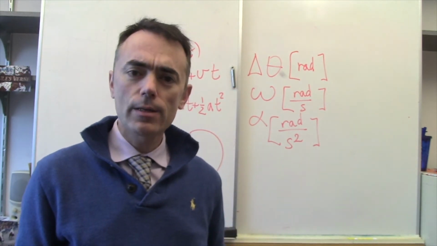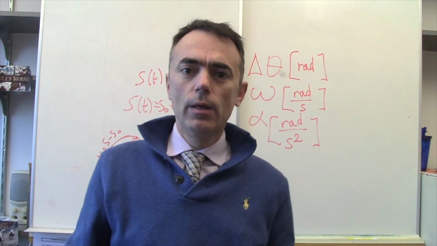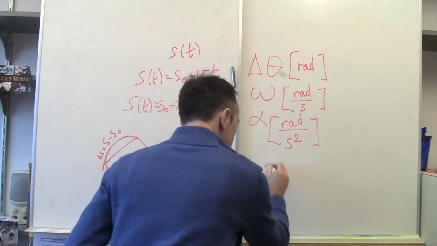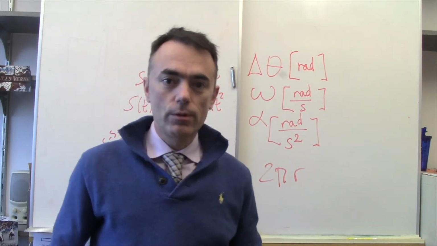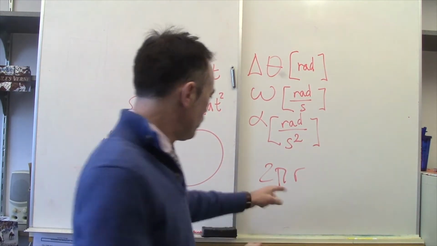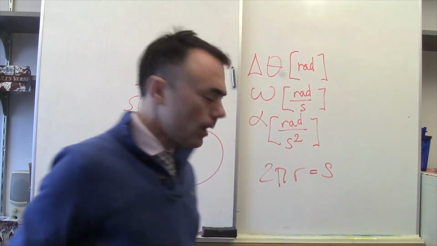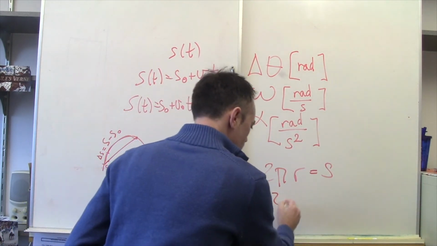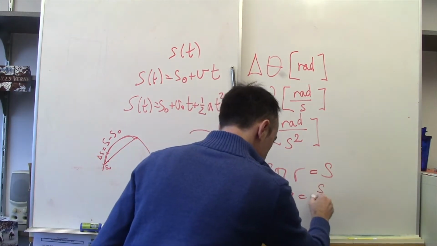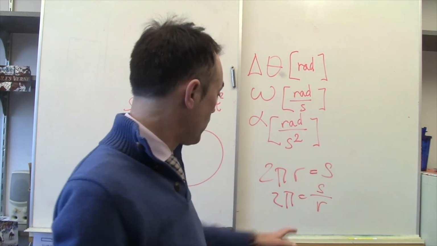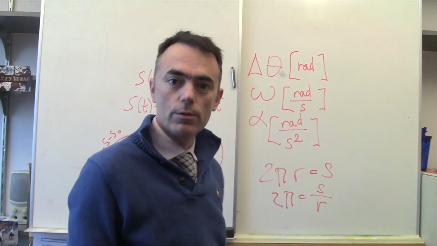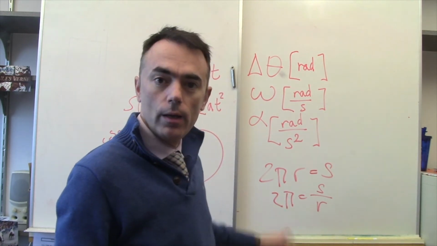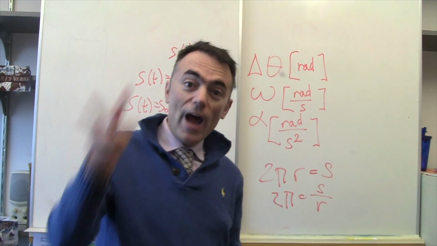Recall that the distance s around a circle is given by 2 pi r, where r is the radius of the circle. So if this would be the distance traveled s, if we divide by r on both sides of this equation, we get that this quantity is dimensionless, because this is measured in meters and this is also measured in meters. 2 pi corresponds to a displacement around a circle.